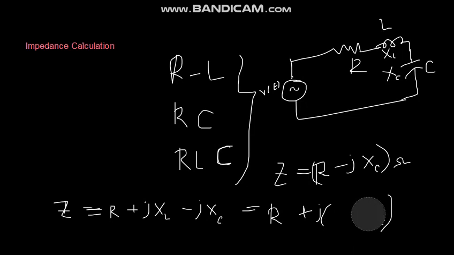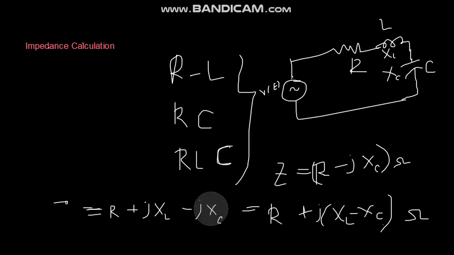Okay, it's not very clear. I have to make it clear. You can see that XL minus XC. Okay. That is the impedance calculation, and all the impedance will be calculated as ohms.